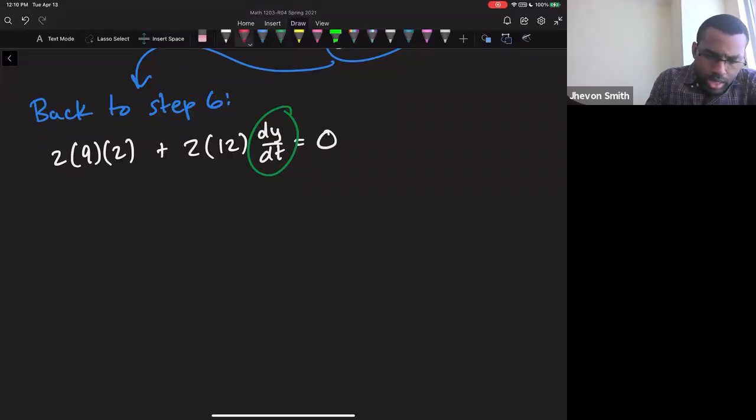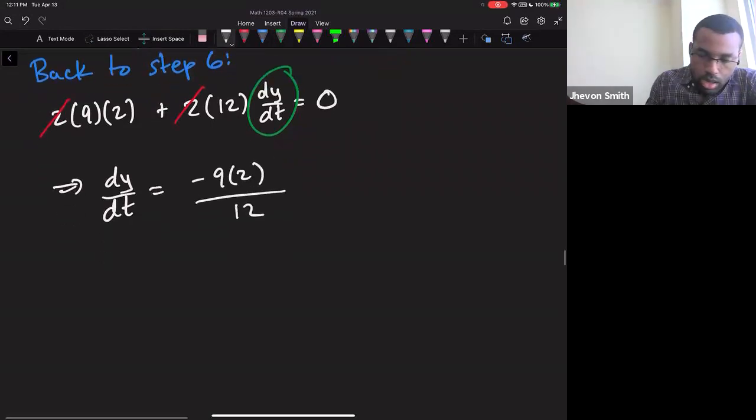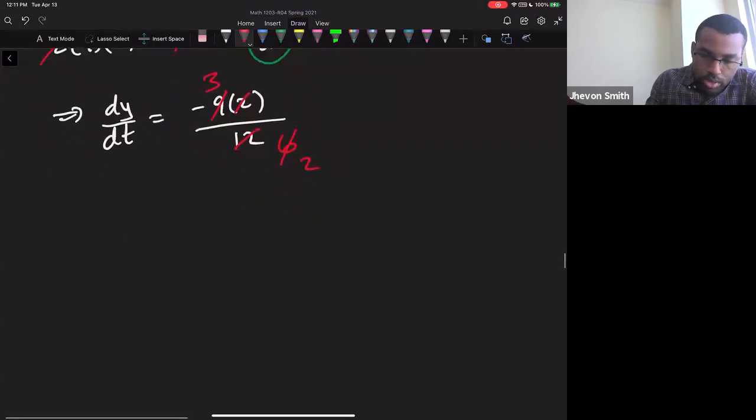You can actually divide both sides by 2 right away. And you would get that your dy/dt is equal to minus 9 times 2 divided by 12. You can say 2 into this goes 6 times, 3 into 6 goes 2 times, 3 times.